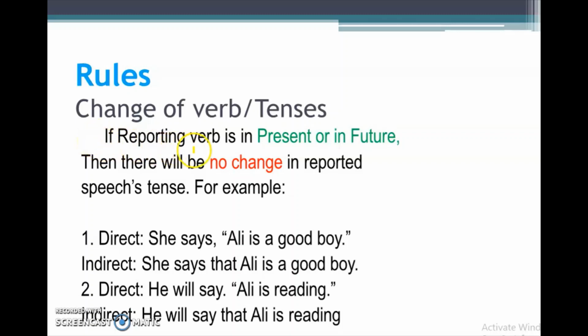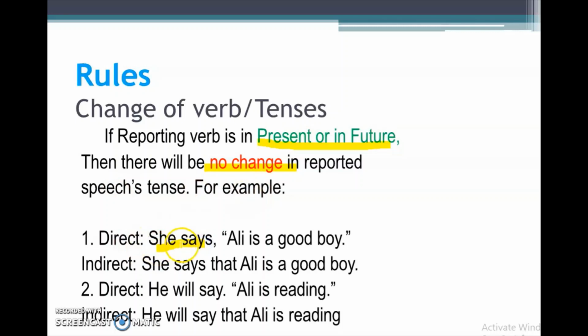First one is, if the reporting verb is in present or in future tense. I hope you all know what a reporting verb is. If the reporting verb is in present or future tense, then there will be no change of verb in the reported speech tense. Example, he says.